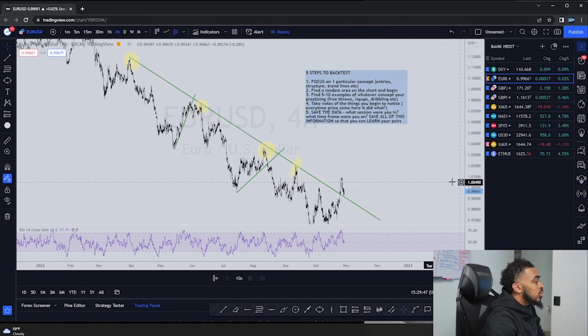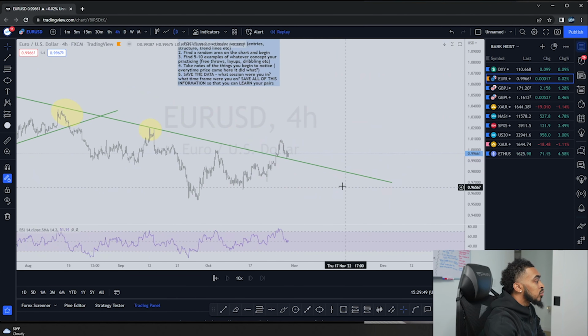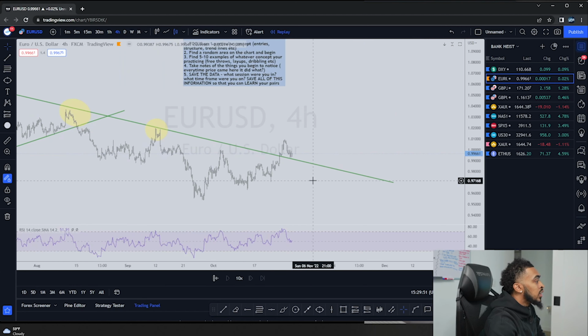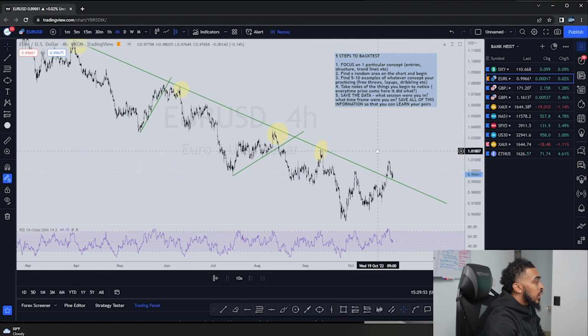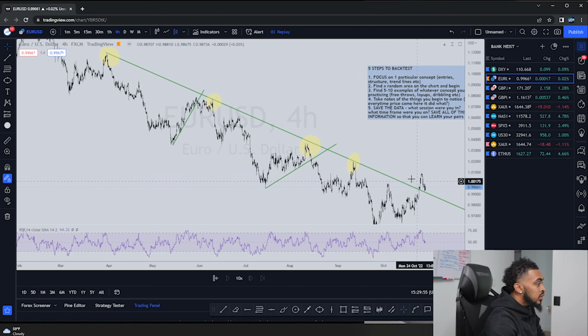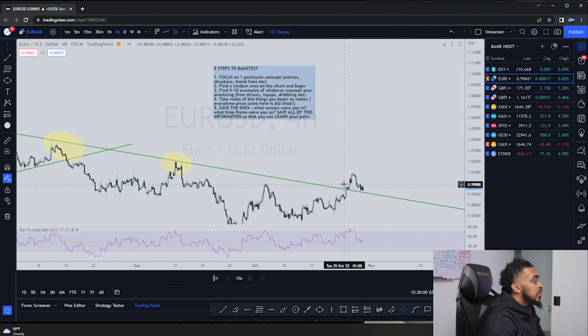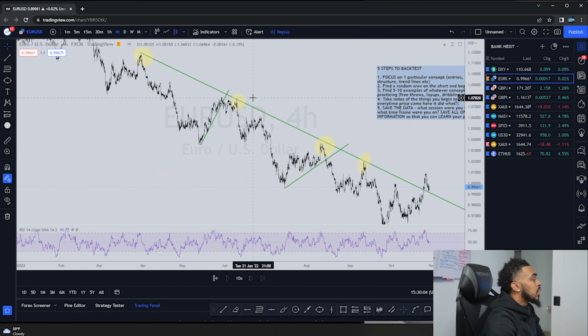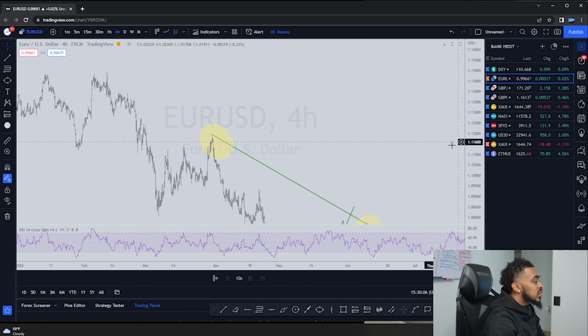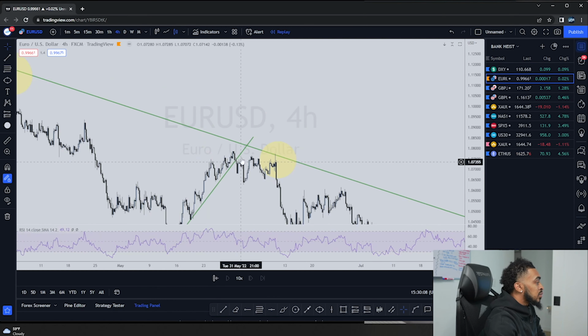But on this particular area right here, we got a break of this trend line. So that lets me know that once price came up here aggressively, it then broke and retested this trend line, which means there's a high probability of going up. But every time we came here previously, we got some consolidation.